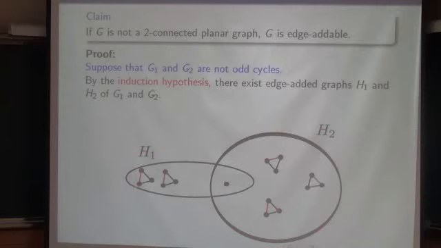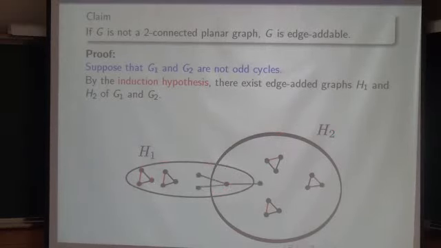The problem is the red edge of the cut vertex. For every vertex here of degree at least 2, it will have red edges from H1 and H2. But for the cut vertex, it may not have a red edge.